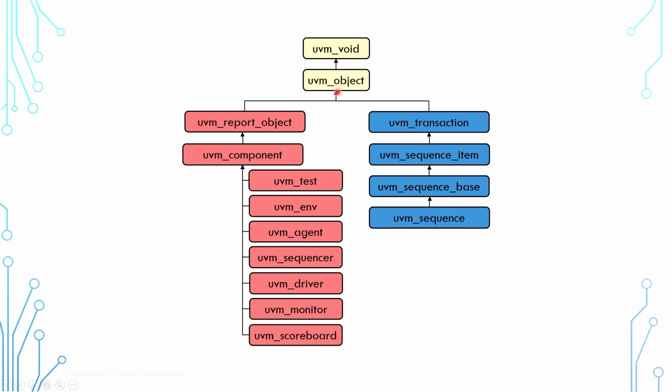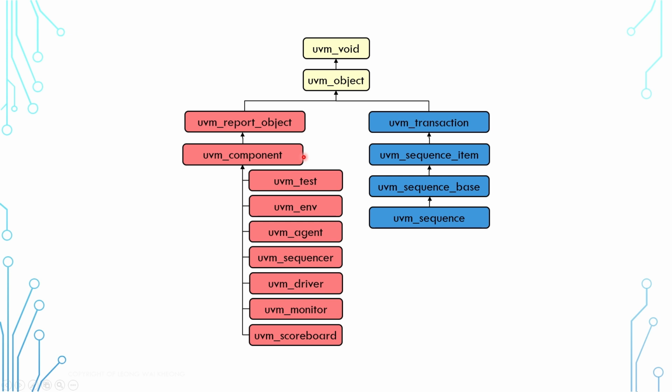From uvm_object, there are two major lines of extension. This one is to model transactions and sequences of transactions. It contains uvm_transaction, uvm_sequence_item, uvm_sequence_base, and uvm_sequence. This other line of extension is used to model components. There are many kinds of components such as uvm_test, uvm_env, uvm_agent, and so on.